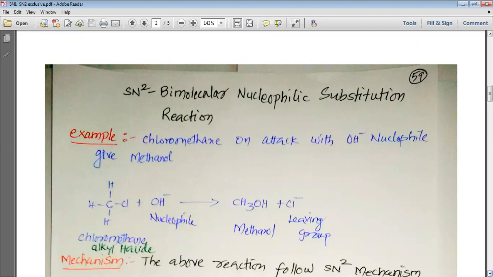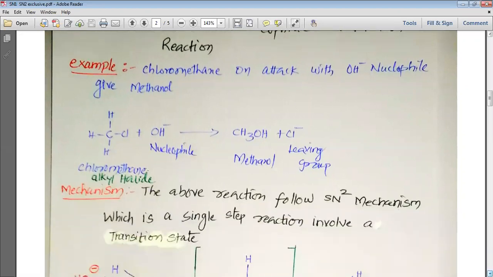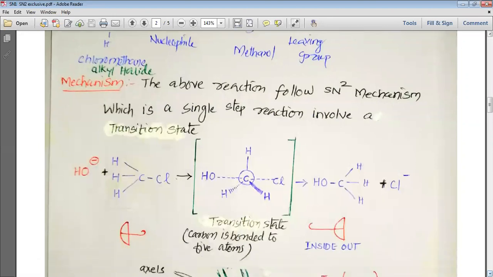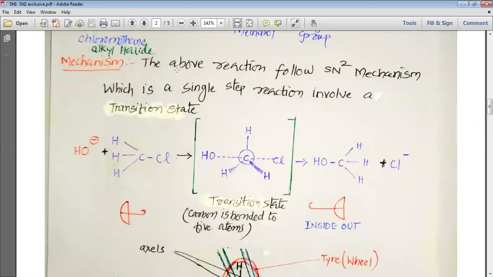You can see here, my dear students, that chloromethane, which is an alkyl halide, is attacked by the nucleophile OH minus. Finally, we get methanol and Cl minus as a leaving group. Let us look at the mechanism. The above reaction follows the SN2 mechanism, which is a single step reaction that involves a transition state.